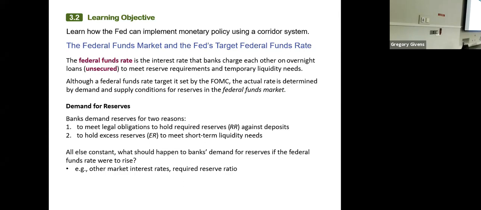As the funds rate goes up, you could make more money by lending. So what do we have here? Both the borrowing banks and the lending banks want to get rid of bank reserves when the funds rate rises. So the entire system-wide demand for bank reserves goes down as the federal funds rate goes up.